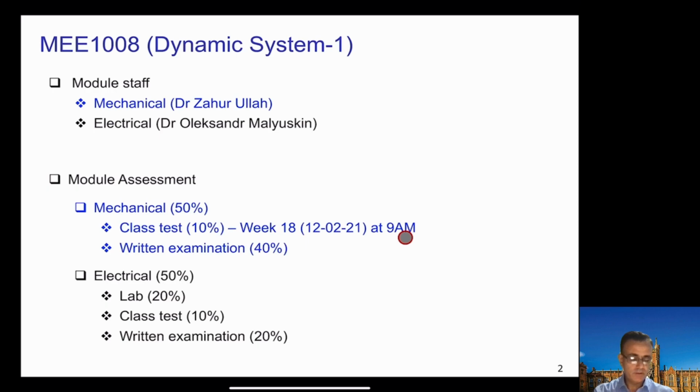So you will be provided with the question paper online, and then you will need to do the test, and then you need to upload your solution to the Canvas. And there will be a written exam at the end of the semester, which will contribute 40% to the module.